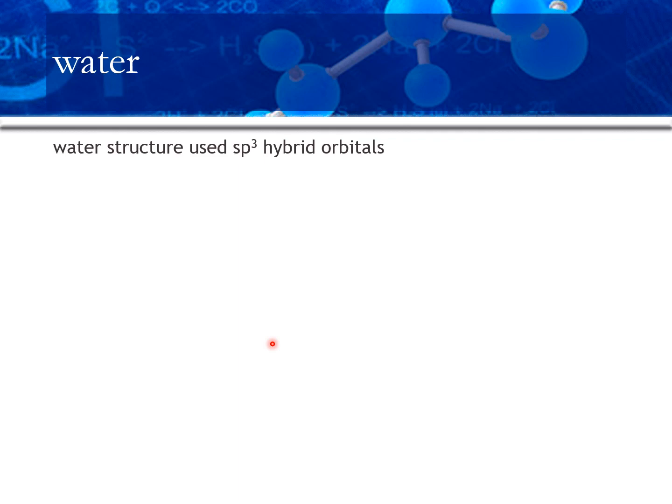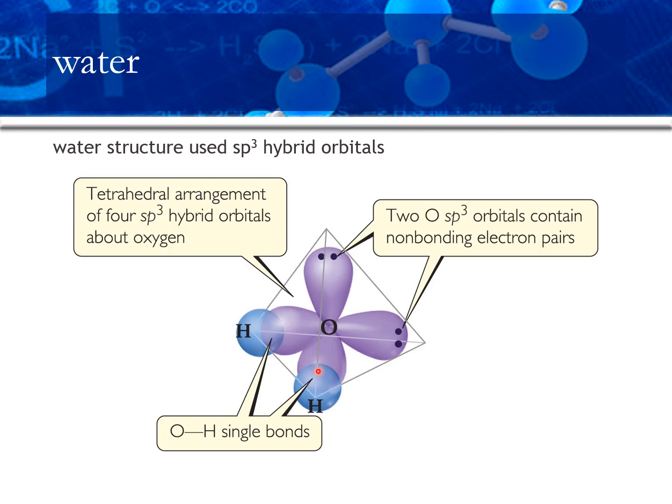And once you see that the electronic geometry is tetrahedral, that can only be due to sp3 hybrid orbitals. 2 of the orbitals are used to form overlap with the hydrogen 1s orbitals and form the bonds. And the other 2 hybrid orbitals are used to hold the non-bonding pairs. And that's how it is that we get the bond angle that we see in water.